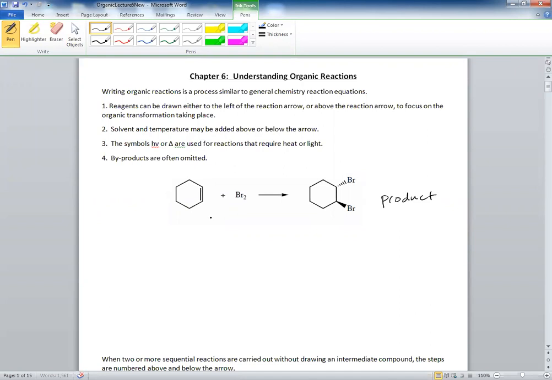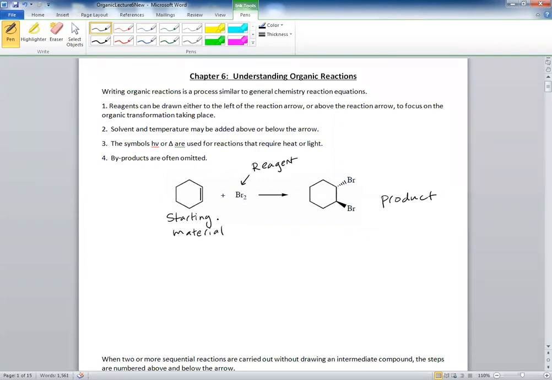While we can technically use the word reactants, we like to call this right here the starting material. And this one right here, bromine, we will call the reagent. The reagent is what causes the reaction or this transformation on the starting material.